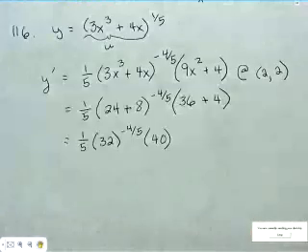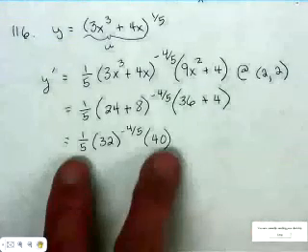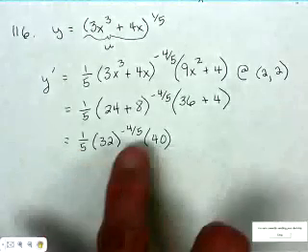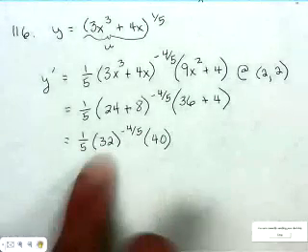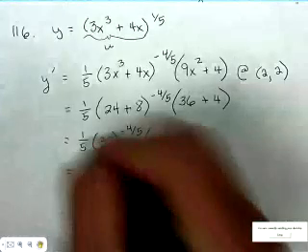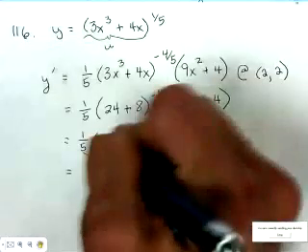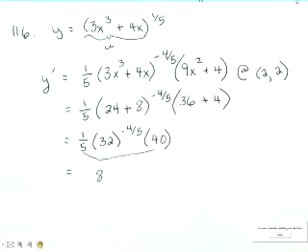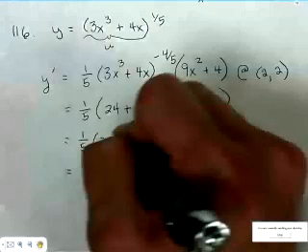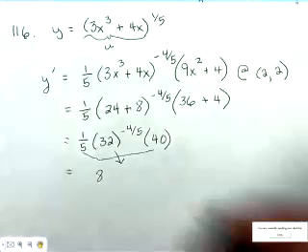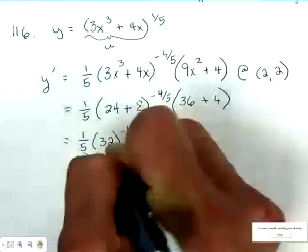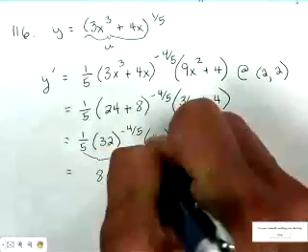Very lucky for me, I can take 1/5 of 40, which is 8, and I can take the fifth root of 32. The 1/5 times 40 is 8, and this expression means the fifth root of 32 to the negative 4.